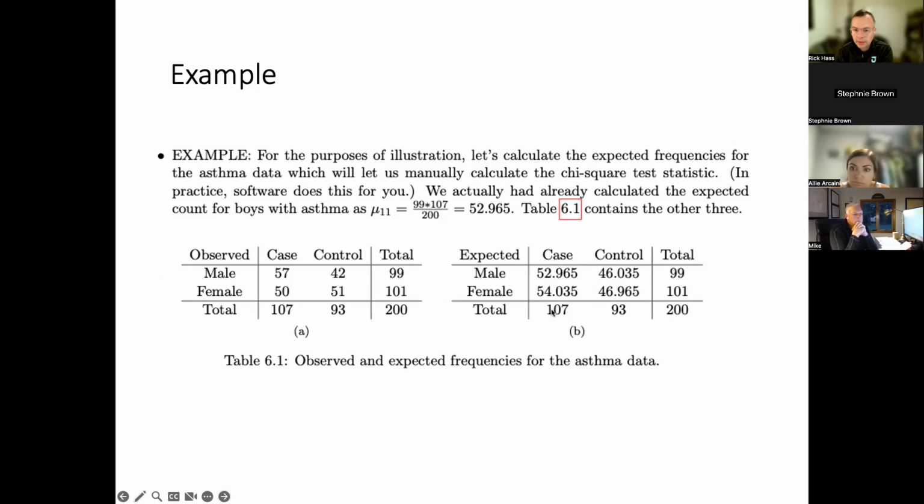So 90 times 107 over 200 is this one. 90 times 93 over 200 is this one. 101 times 107 over 200 is 54.035, and so on. These numbers all must be greater than or equal to 5, or else the assumptions of the chi-square test fail, and so the p-value won't be accurate.